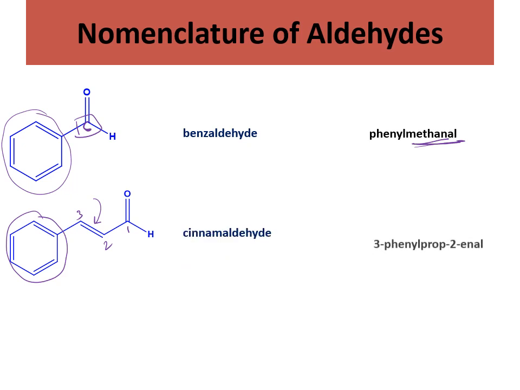So what you are going to do is you will put on the third position, 3-phenyl, and then the 3 carbon chain stands for prop, so you are putting prop here, and then on the second carbon and third carbon you have a double bond, so you are mentioning the position of the double bond, 2-en, so it is prop-2-en, and at the end, because it is an aldehyde, you are putting al, so that is 3-phenylprop-2-enal.